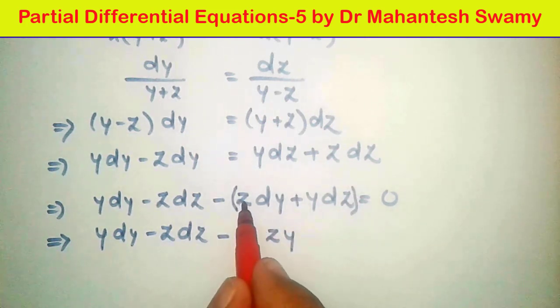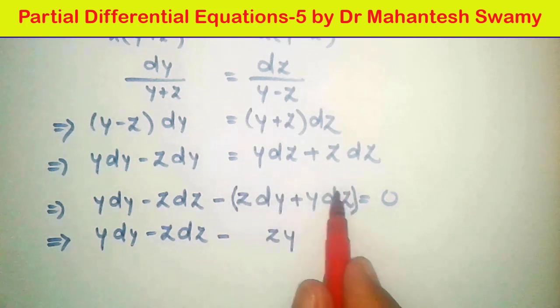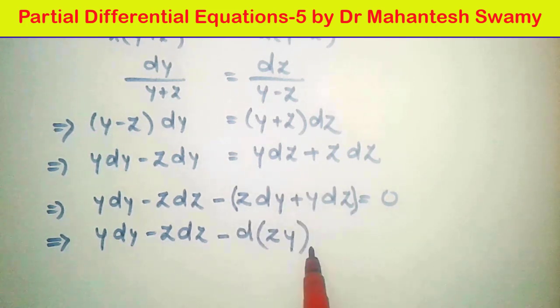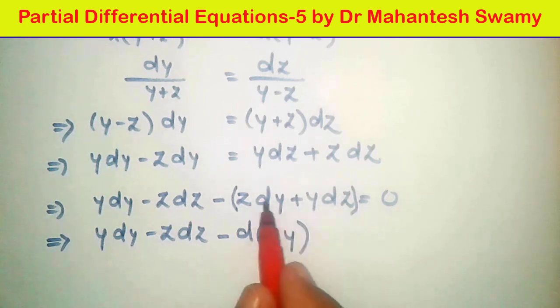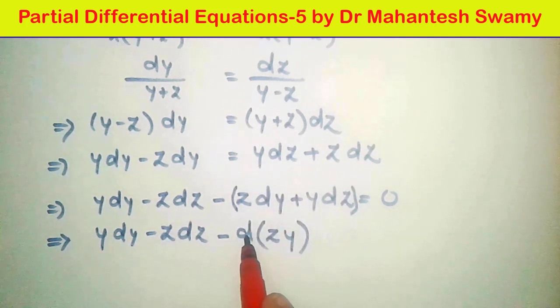So therefore z as it is, differentiation of y, plus second term y as it is, differentiation of z. So this total thing is nothing but differentiation of zy using the product rule.